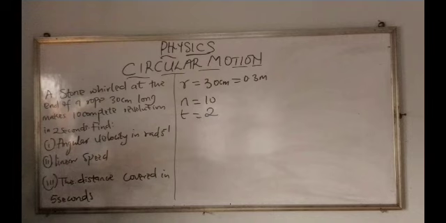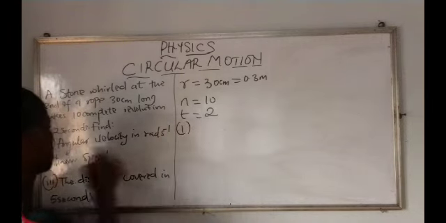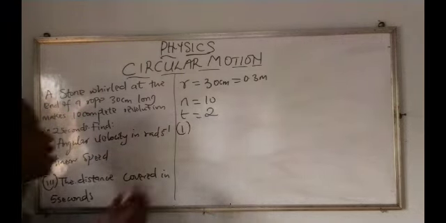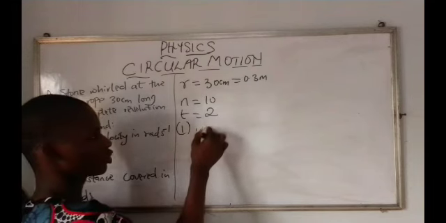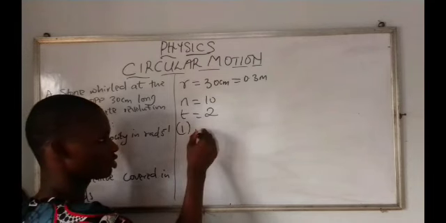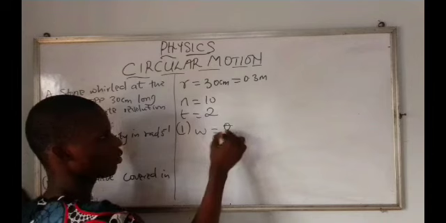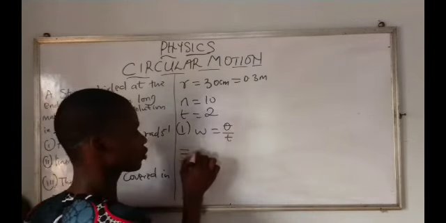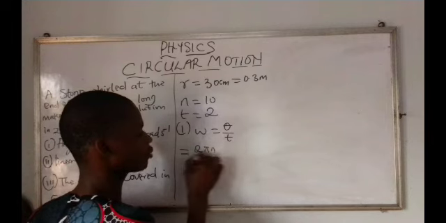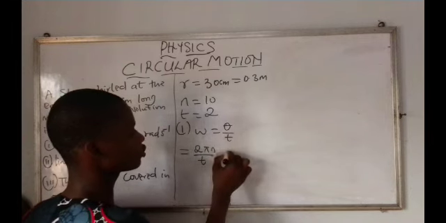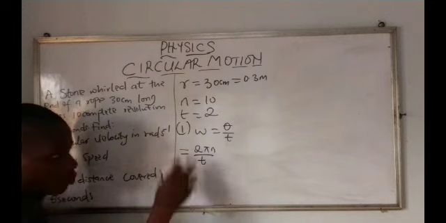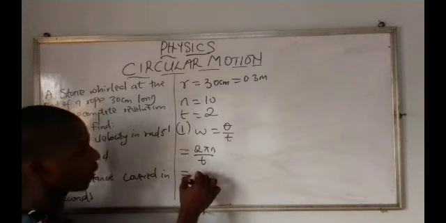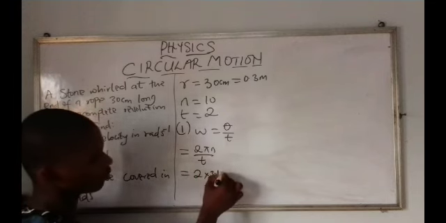Okay, and they asked us to calculate for Roman figure 1 the angular velocity. Remember that angular velocity is equal to w. Angular velocity is w equals theta over t. Alright, and theta is equal to 2 pi n over t. So let's substitute the value of each of these quantities into the equation. We are going to have 2 times 3.143.